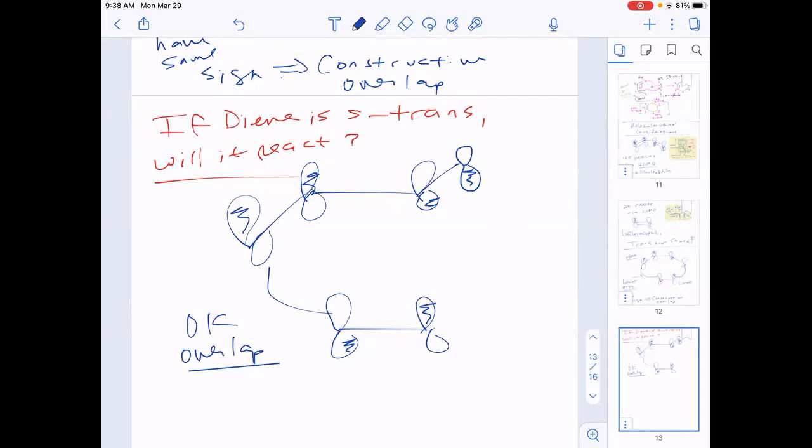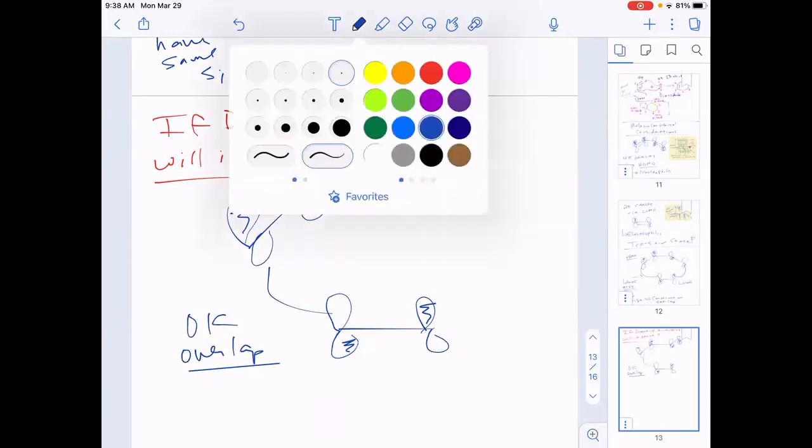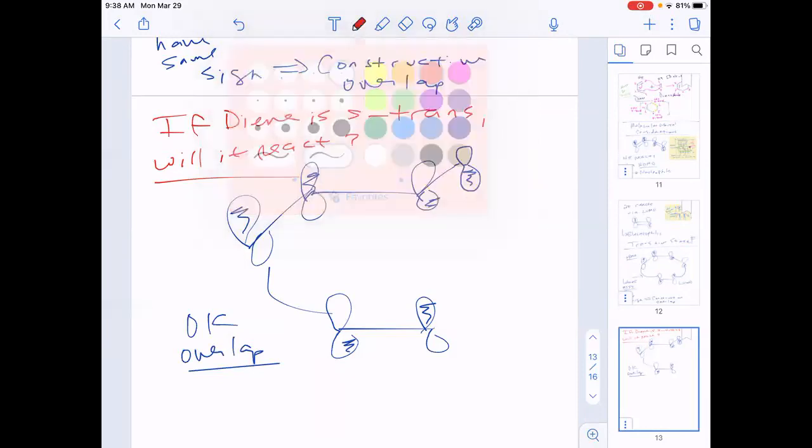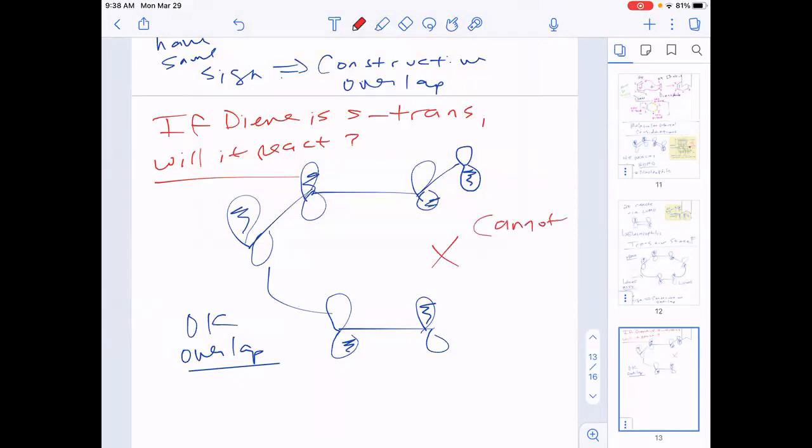This side, the distance for this lobe and this lobe to overlap is too far.